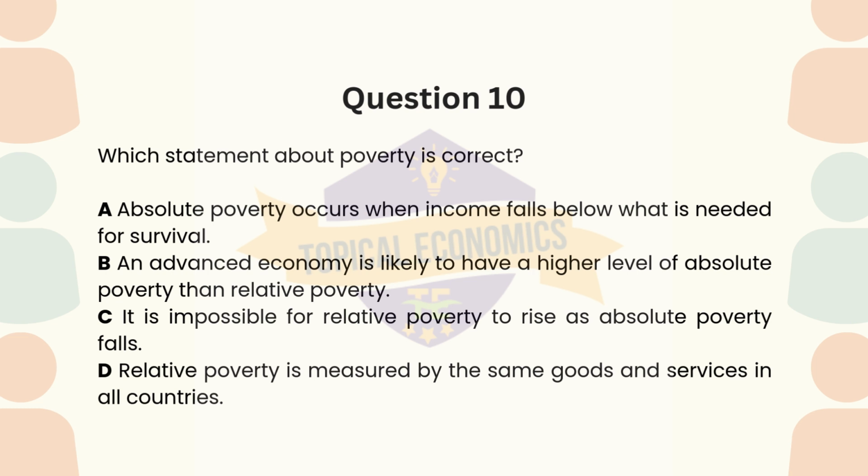So this is incorrect. Option C, it is possible for relative poverty to increase even if absolute poverty decreases. For instance, if incomes of higher earners rise significantly while the incomes of lower earners remain the same, then relative poverty can increase.